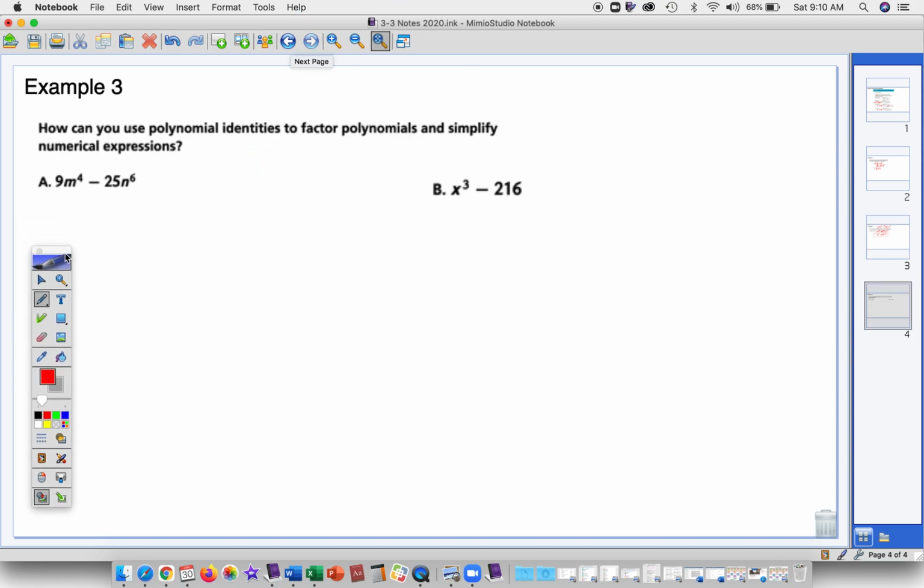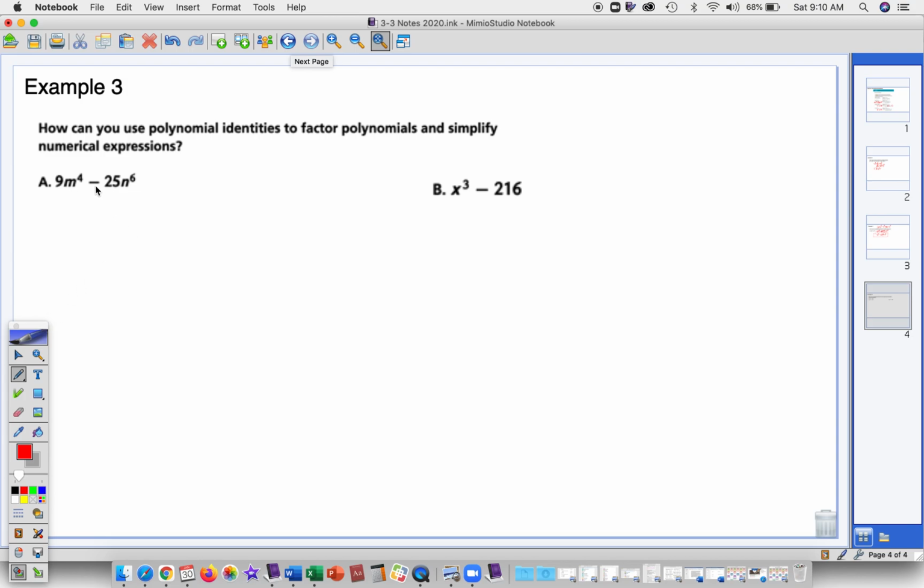Okay, example 3. Now we're going to do some factoring. So for factoring, you're going to have to look at these and recognize now, are these squares or cubes? Okay, 9 and 25, those are perfect squares. So I'm going to use my a plus b, a minus b pattern to factor this. So I'm taking the square root of each term.